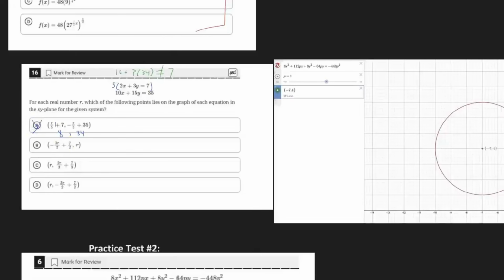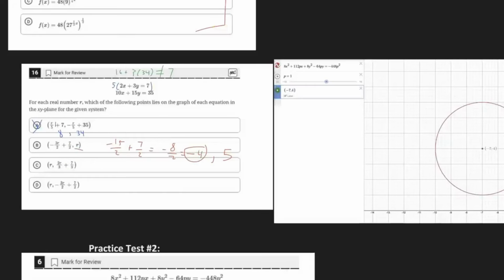Let's move on to the next one, B. So B, let's just plug in 5 for r again because we've been using r as 5. So 3 times 5 is 15. And then negative 15 over 2. It looks like we have to add this to 7 over 2. So then we get, actually, what is this? Negative 8 over 2, which gives us negative 4. And that's our x coordinate, and then our y coordinate is just going to be r, right? r we said is 5.